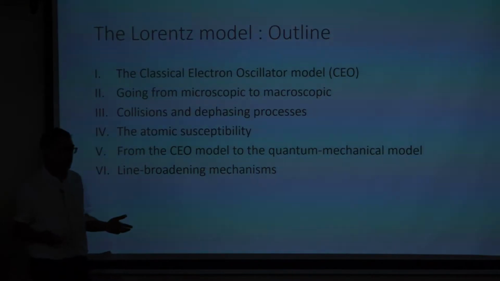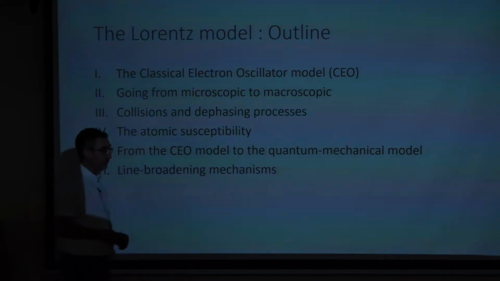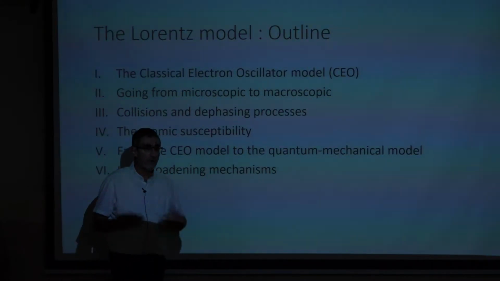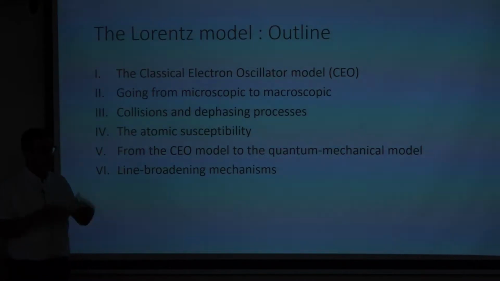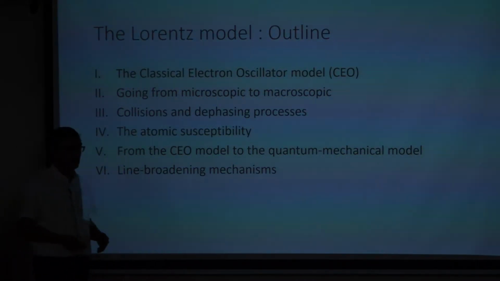If you consider that all the atoms in the system have the same line shape, okay? So a Lorentzian centered at the same omega A and with the same line width. So they are all the same type of atoms. So globally, if you look at the full system, it will have what we call a homogeneous broadening, okay?